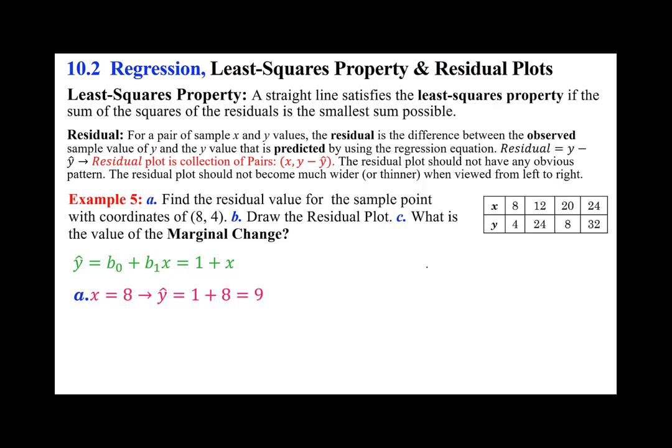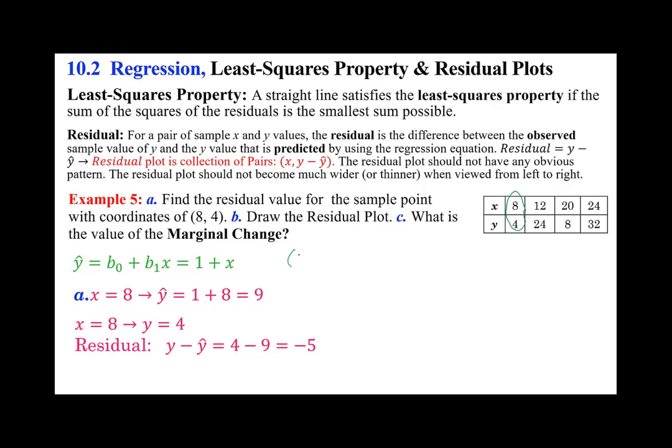But what is the y coordinate? Take a look at the pair 8, 4. So y is 4, and their difference, y minus y hat, is negative 5. Just for that 8, 4, we come up with the residual plot point, 8, negative 5.